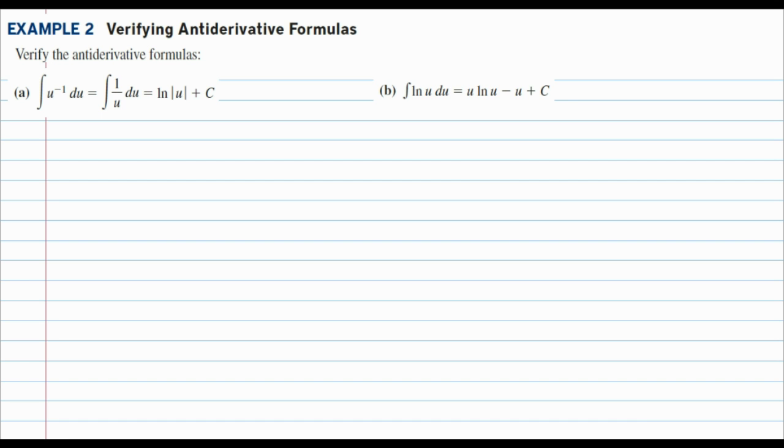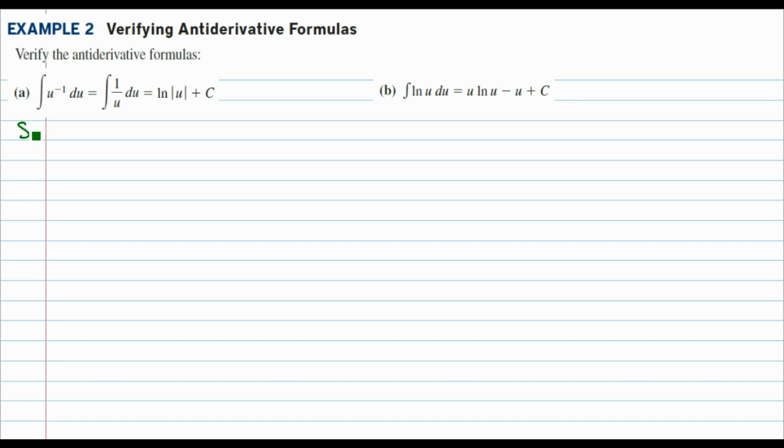the negative 1 du. We need to verify that that is equal to the natural log of the absolute value of u plus c. All right, so the verification for this one is pretty much straightforward because we now have the fundamental theorem of calculus to connect derivatives and antiderivatives.